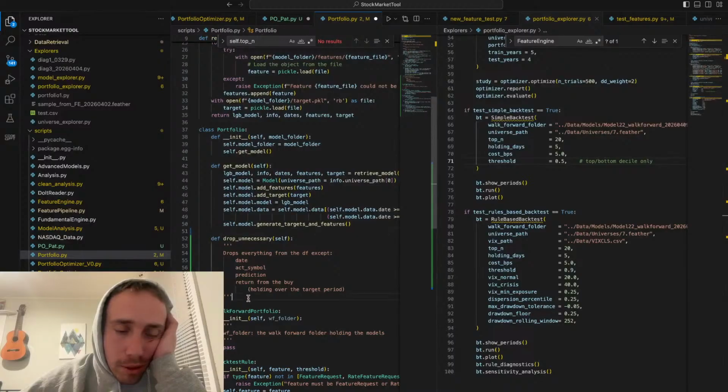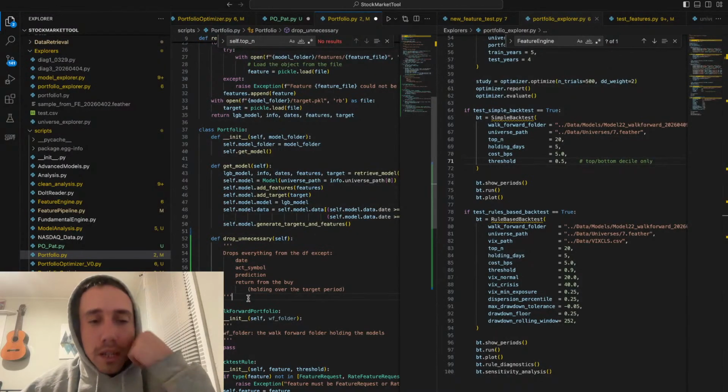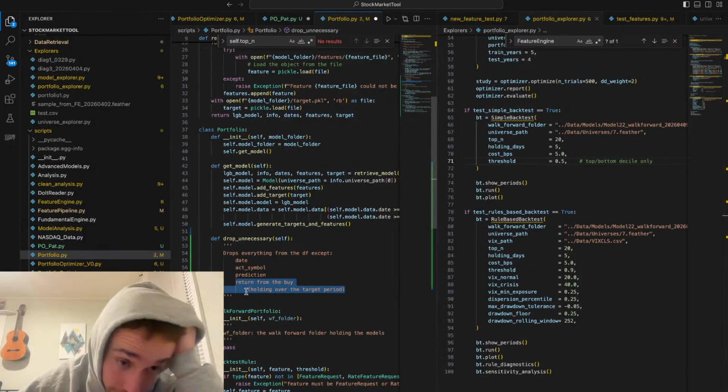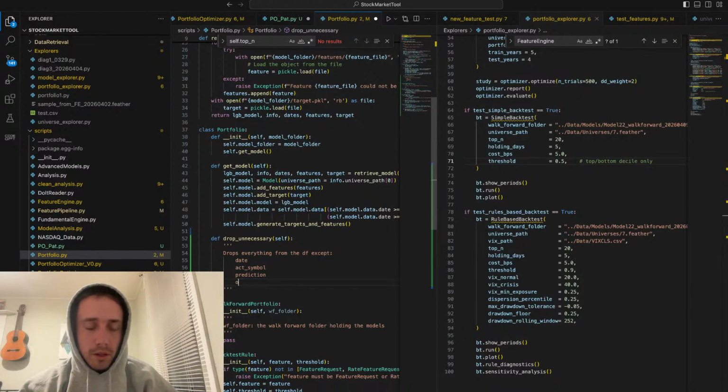Oh, good. Drop unnecessary. So that's what I want to do next. I don't want to drop return from the buy. I want to keep date, account symbol, prediction, OHLCV. Open, high, low, close.